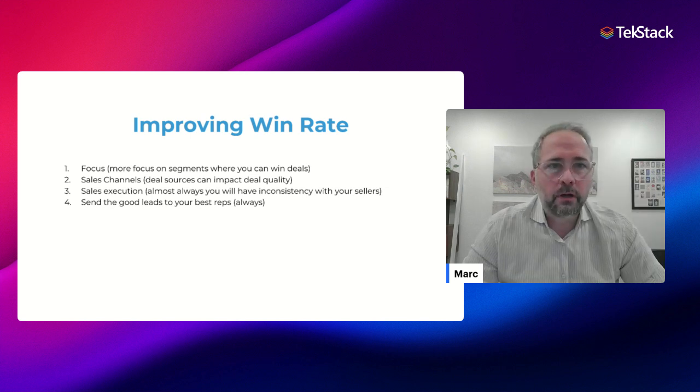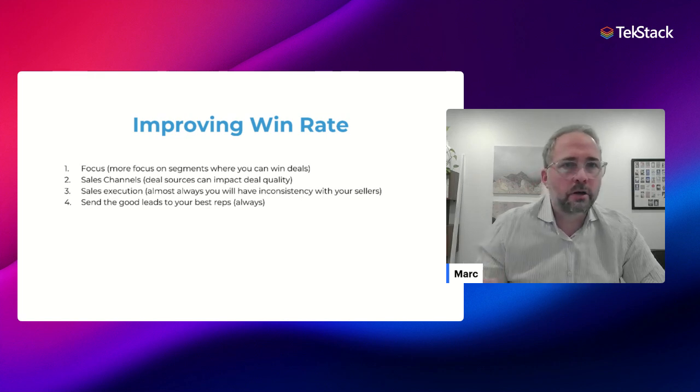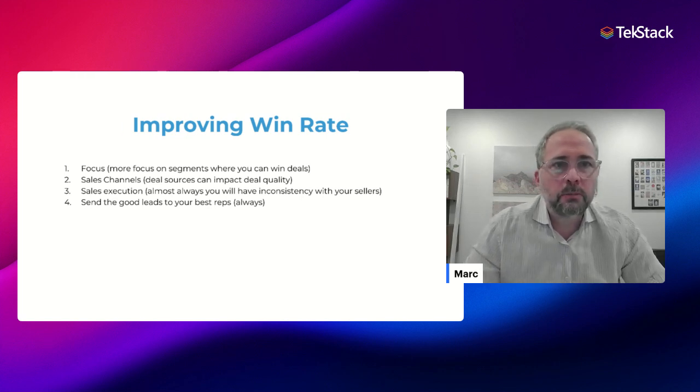That seems pretty obvious, but a lot of companies don't do it. They keep pouring money into channels that have a very, very low win rate, and you're just wasting money. That's a whole other conversation around sales magic number and sales efficiency. But here we're talking about velocity and focus the channel effort.